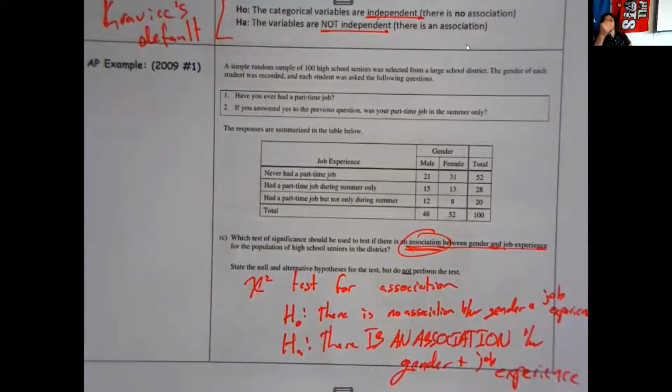This is a question we might have been able to answer back in chapter 5 when we introduced the idea of independence the first time. Remember, probability of A given B is equal to the probability of A. In words, independence means that the proportion of the whole group with some characteristic matches the proportions of the subgroups with those characteristics. So we'll see where that comes from here in the future.